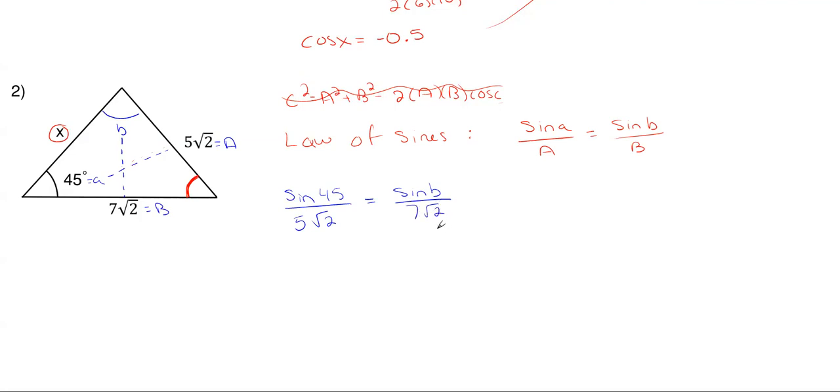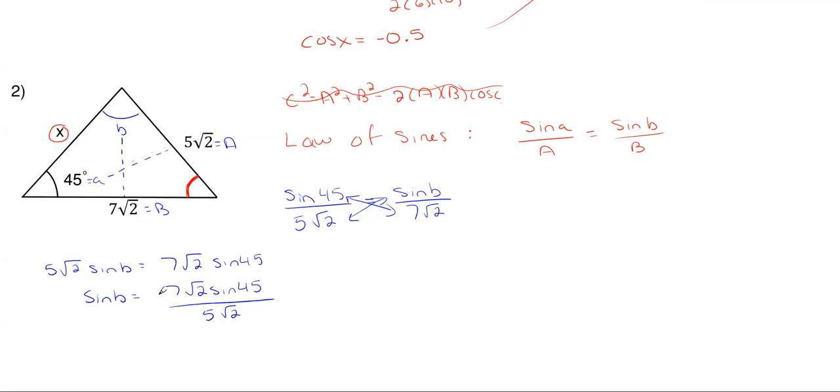So we can just rearrange here. We're going to have to cross multiply. Once we cross multiply, we end up with 5 times the square root of 2 times the sine of B is equal to 7 times the square root of 2 times the sine of 45. Thus, the sine of B will be equal to 7 times the square root of 2 times sine of 45 divided by 5 square roots of 2.